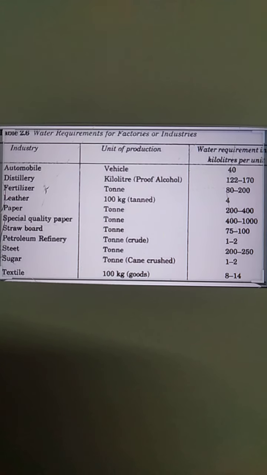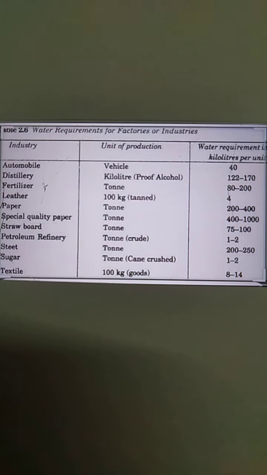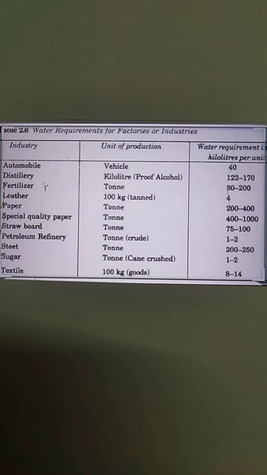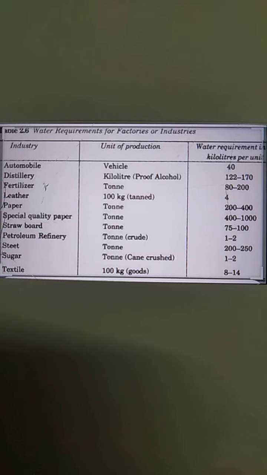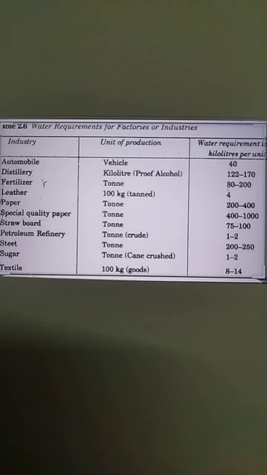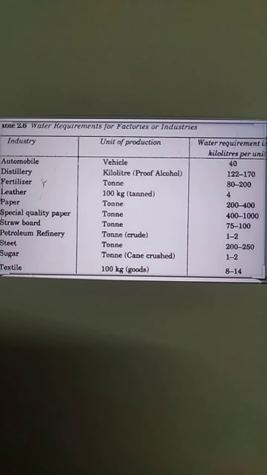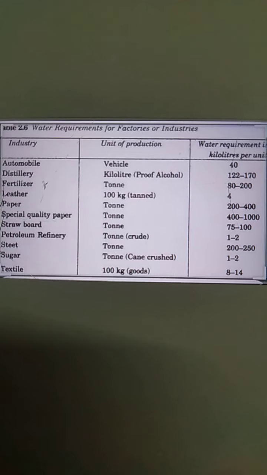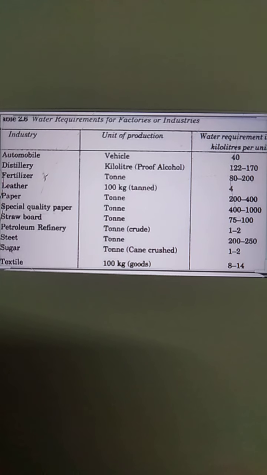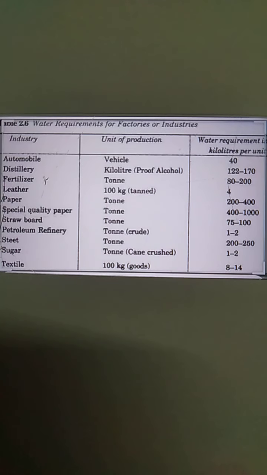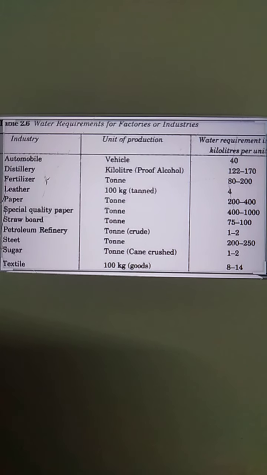Then paper, the unit of production is ton, and we require around 200 to 400 kiloliters per unit. Then special quality paper, per ton, we require around 400 to 1000 kiloliters per unit. Then straw board, per ton, we require around 7 to 100 kiloliters per unit.